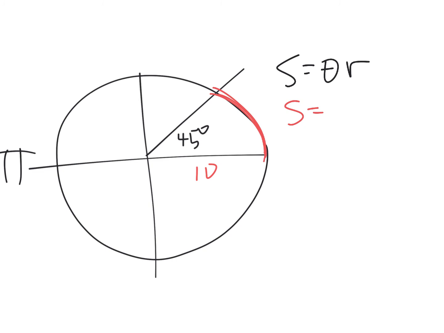So you have to change this to the radian. So you do pi over 180, and then that just simplifies down to 1 over 4, and then times 10. That's the radius.